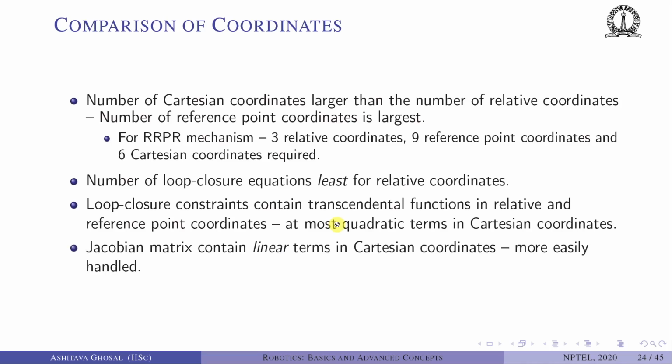As a result, the Jacobian matrix, which is the partial derivatives of each of these constraints with respect to the coordinates, is at most linear. When you derive the Jacobian matrix using Cartesian coordinates, it is linear. The number of rows in the Jacobian matrix will be more than the number of rows when you are using relative coordinates. But each row is very simple. Each element in that row is very simple.